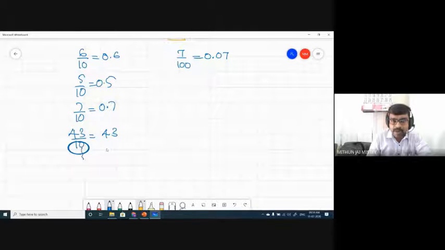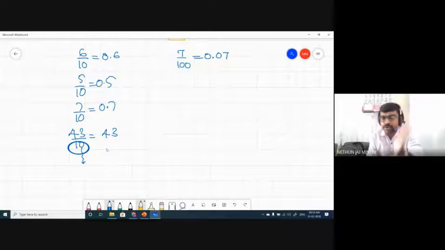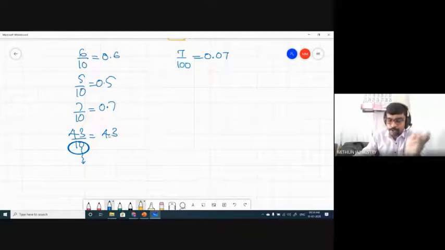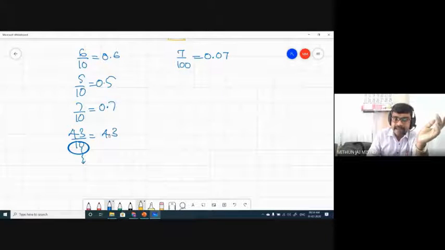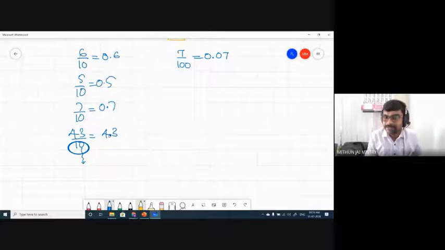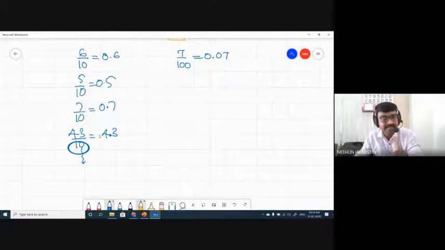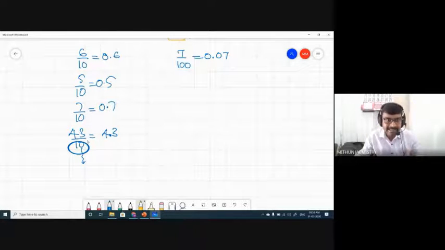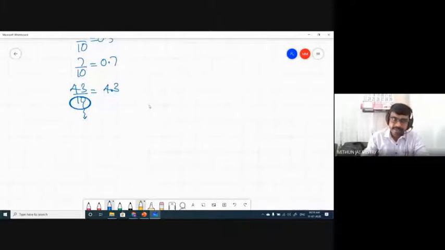You count from the back, 3, and then you put a point over here. You can observe that the condition is satisfied. After the point, we have only 1 decimal. That means 43 by 10 can be written as 4.3.